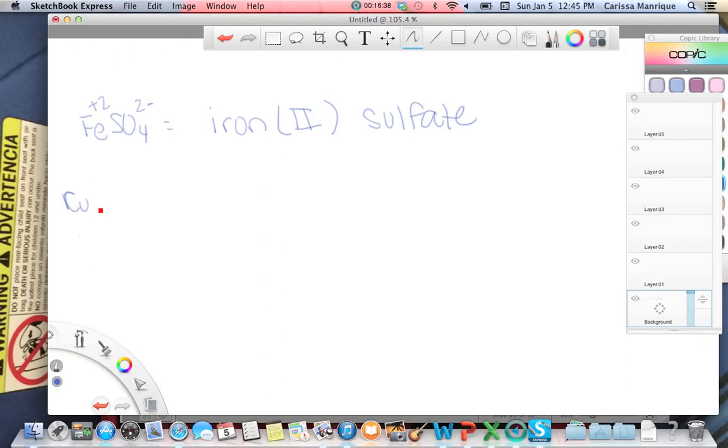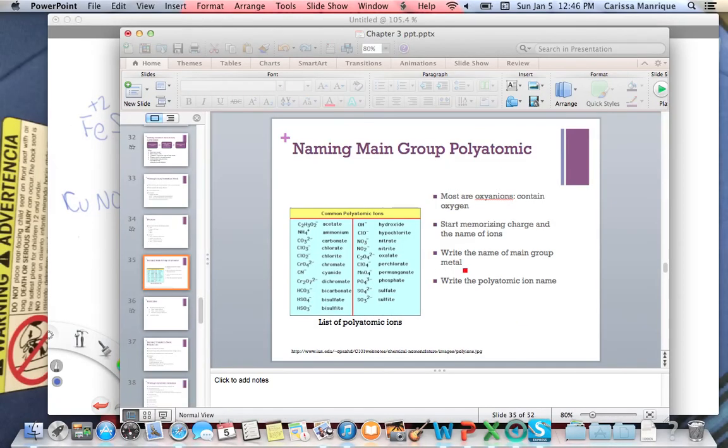CuNO2. This is going to be Cu is copper. This is a transition metal, so I'm going to use a parentheses. And NO2 is nitrite. Let's look this up to make sure.